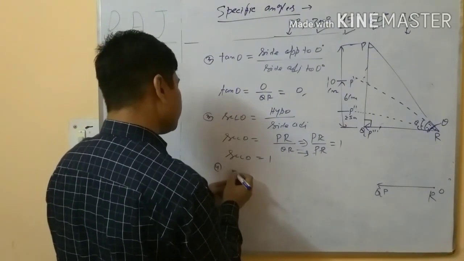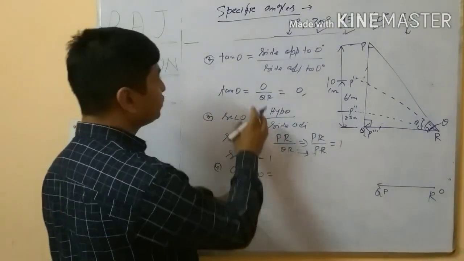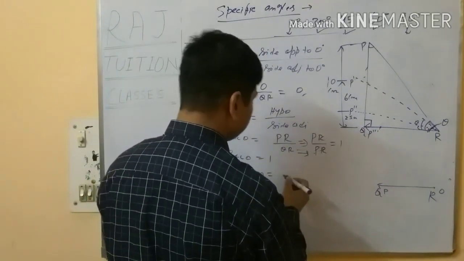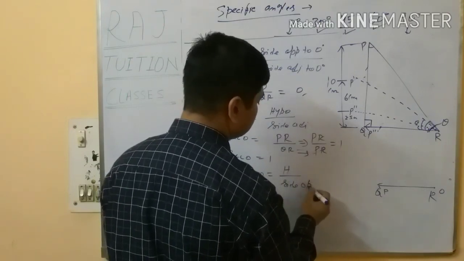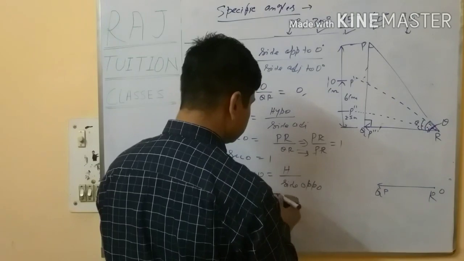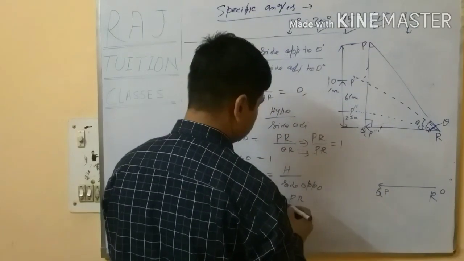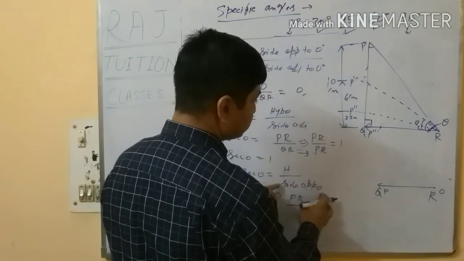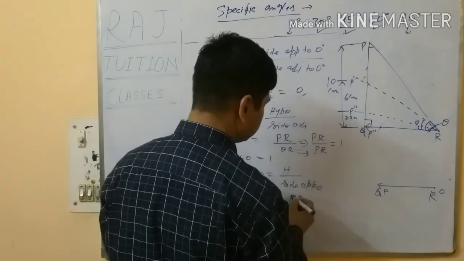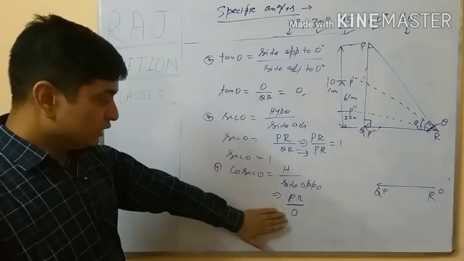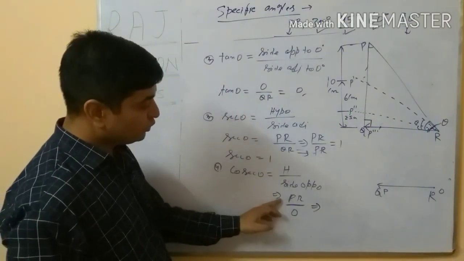Now the fourth one is cosec 0, and cosec is reciprocal of sine. So hypotenuse divided by side opposite. Hypotenuse is PR. This PR is lying over here now. Divided by side opposite, and the side opposite is now 0. And there is one more interesting point to be noted here.